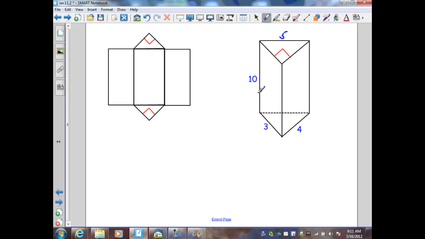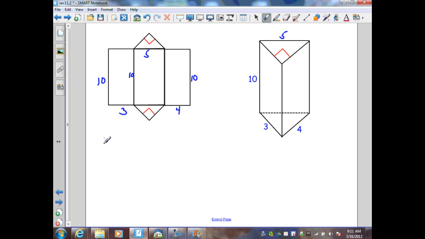I know my net is the unfolded representation of my prism in the shape of the polygons. So here, my polygons are in the shape of 3 by 10. The back lateral face is going to be 5 by 10. And the right lateral face is going to be 4 by 10.